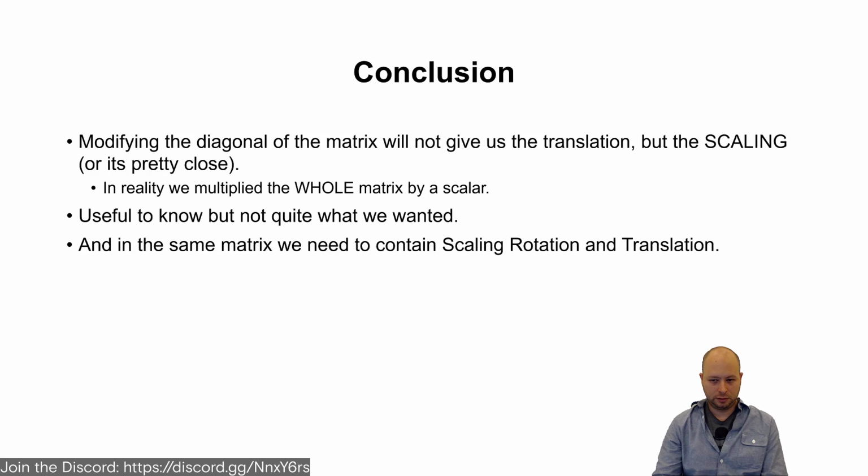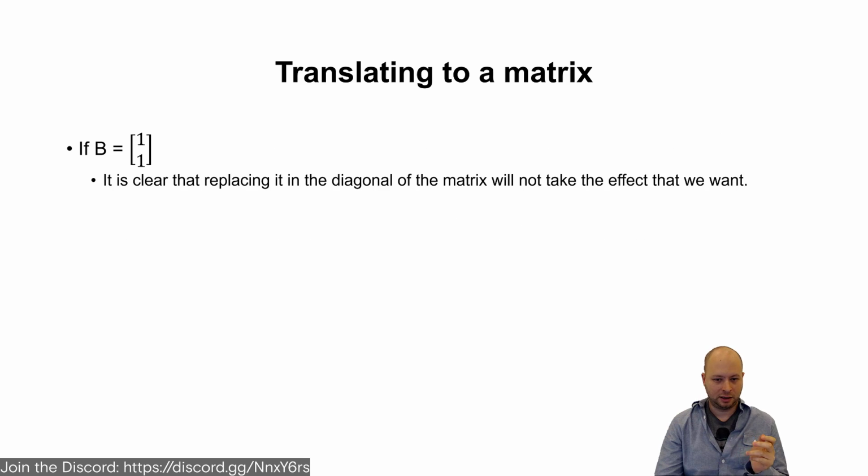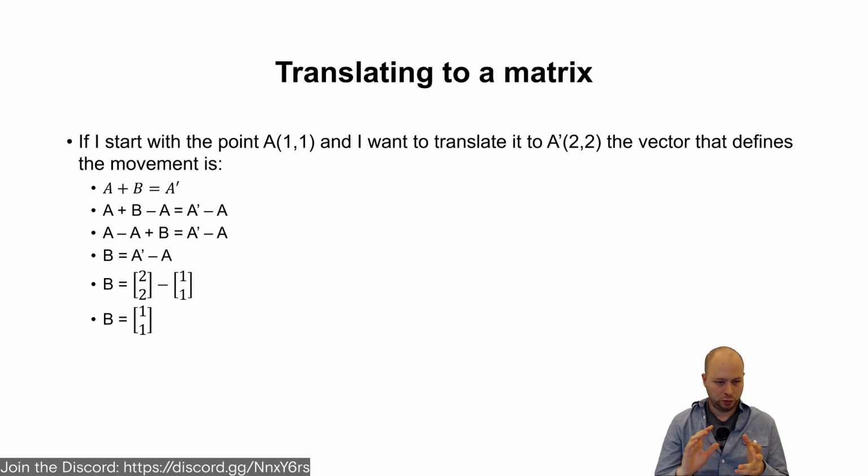So if we want to get a translation, it's clear that we need to understand how to combine these linear transformations such that we can get multiple things one after the other.